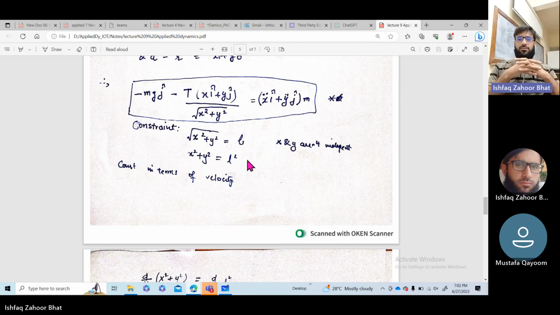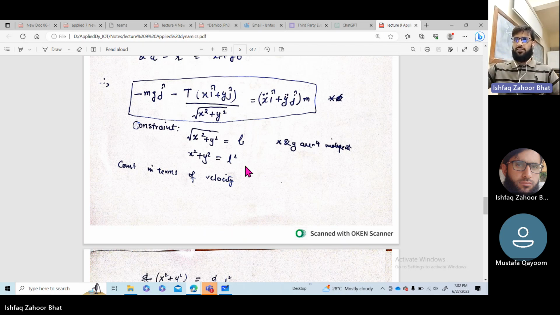Like in the previous problem, we had a free body diagram and a constraint. So we took the free body diagram for the mass, and then we add the constraint equation. Here also we put the constraint equation, but the constraint here is in terms of position. We need to get it in terms of acceleration.